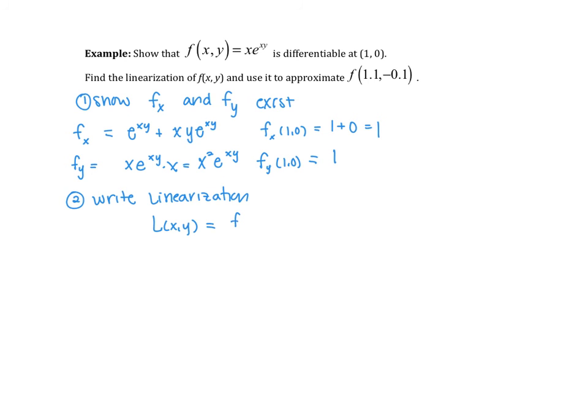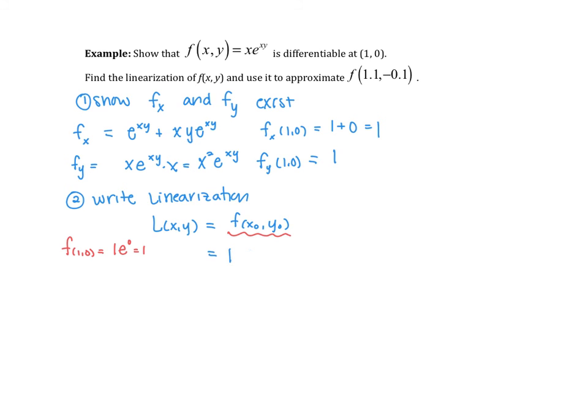So this needs to be f of x sub naught, y sub naught, so f of (1, 0). If I want to find f of (1, 0), I'm going to come to the side, and I would get 1 times e to the 0 power, which is 1. So for my linearization, this piece is going to be 1.